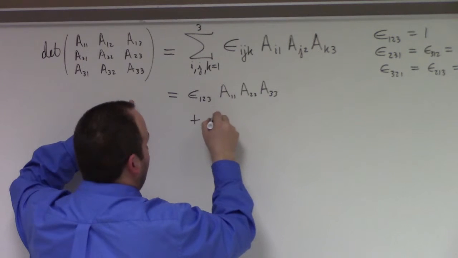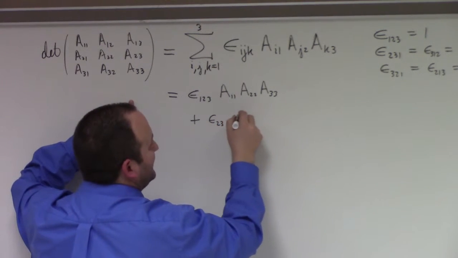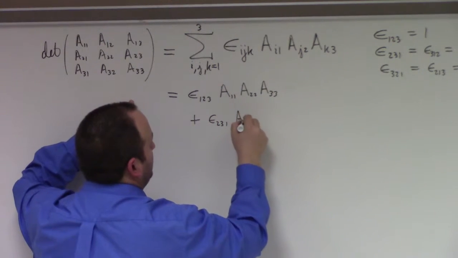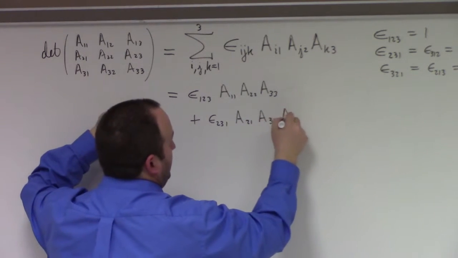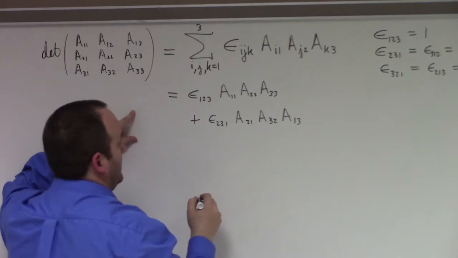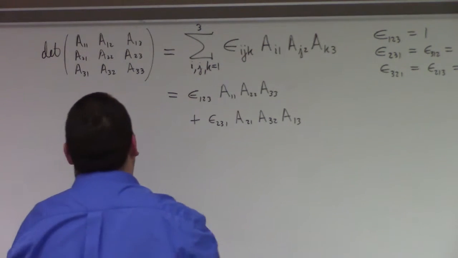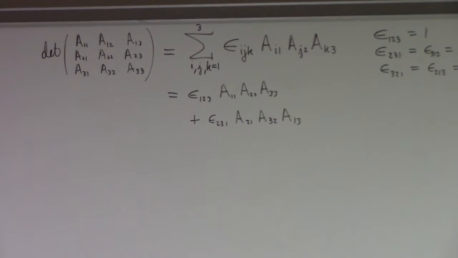Let's see here. Epsilon 2, 3, 1, A2, 1, A3, 2, A1, 3. Oh man, I'm sorry guys, I don't want to write that all down. It's there.